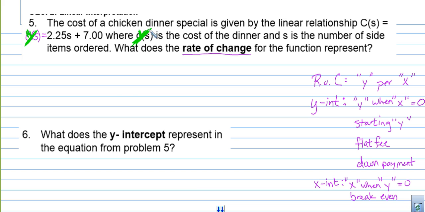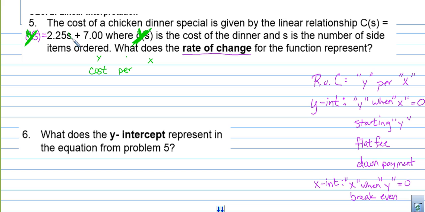So wherever you see c of s, you put a y, okay? So this is our y thing. And it says y is the cost of the dinner, which really that whole thing's talking about cost, okay? So cost, this is our y. Then we have the word per, and then we need our x.